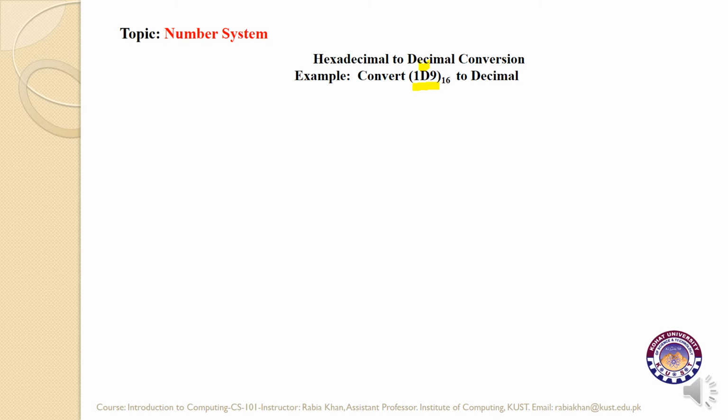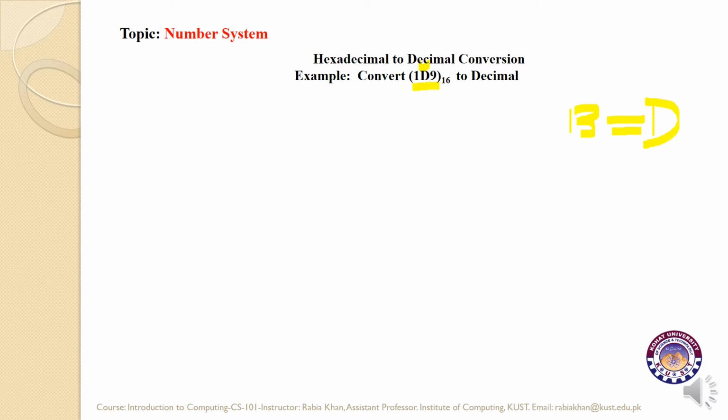D here means 13. Since 13 cannot be written as a single hexadecimal digit, we replace 13 with the alphabet D. So what is the procedure to convert this given hexadecimal number to a decimal number?